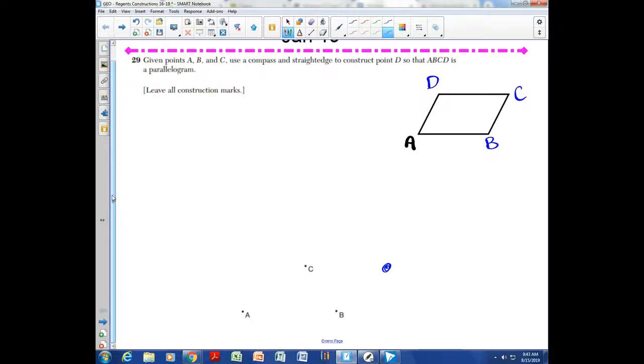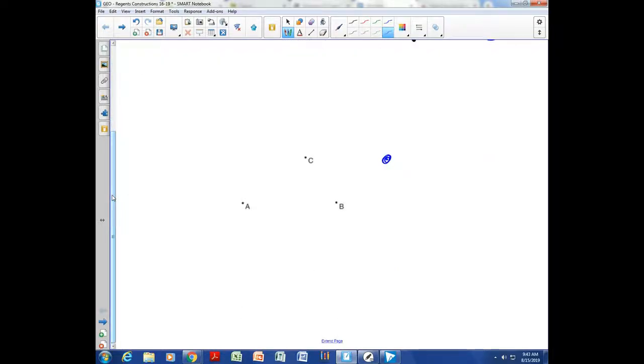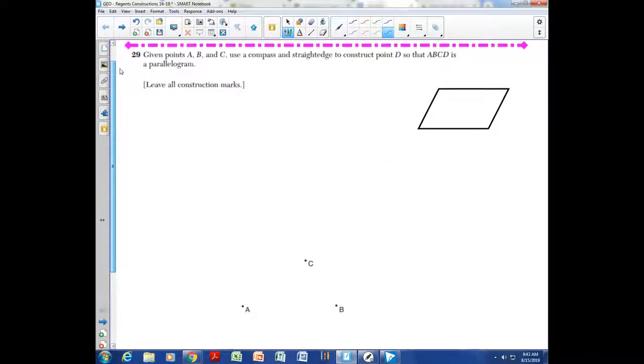Or some other students put their D down over here, and that would make it parallelogram ADBC. So I guess the most important thing to remember as we begin this construction is that D will need to be in this general area over here.